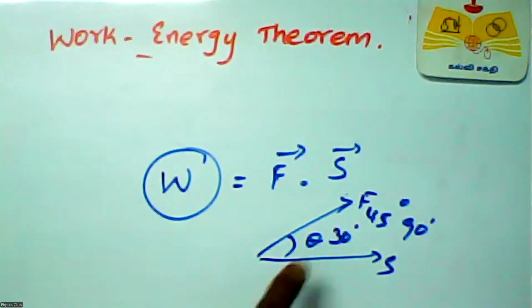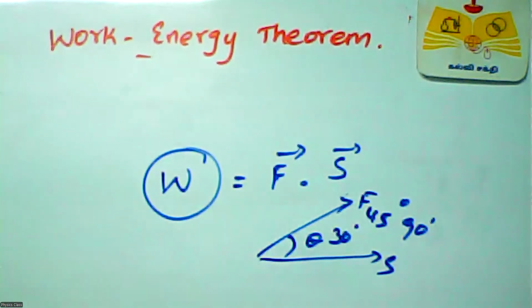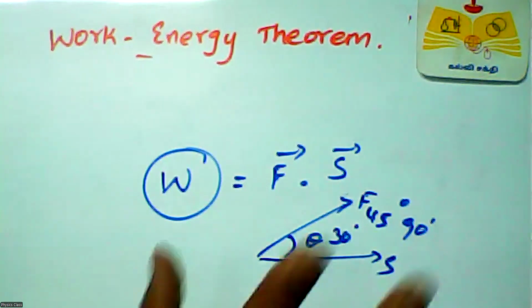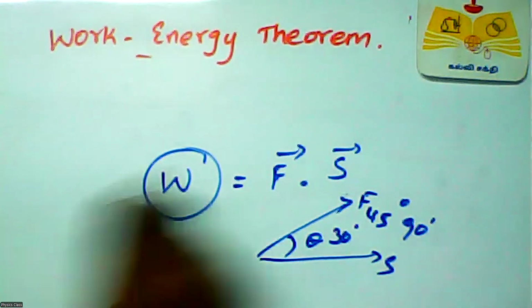For theta 30, work is something. For theta equal to 45, work is something else. And mainly for theta equal to 90, work is something. Work is changing. Right? So that is the role of theta.